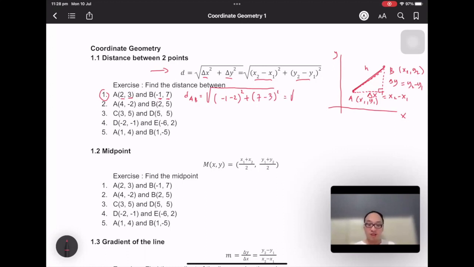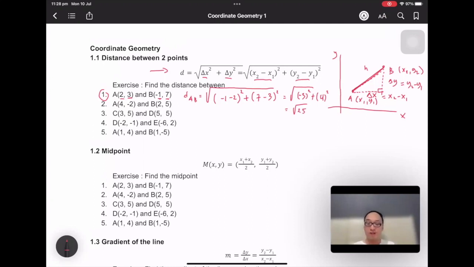So this equals the square root of (-3) squared plus 4 squared, which is the square root of 25, equals 5. So that means the distance from A to B is equal to 5.